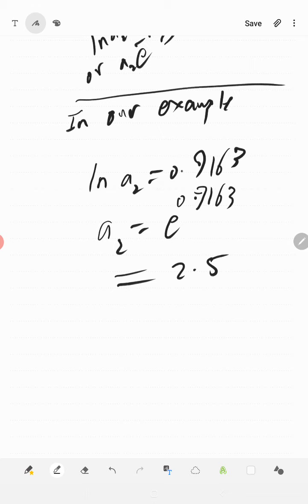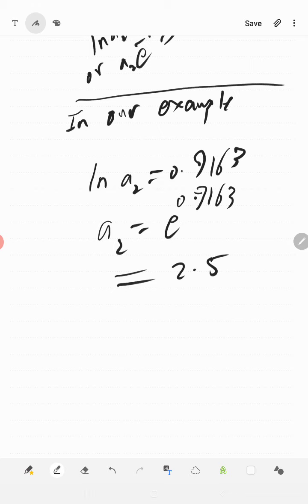What is the exponential of 0.9163? Yes, 2.5.